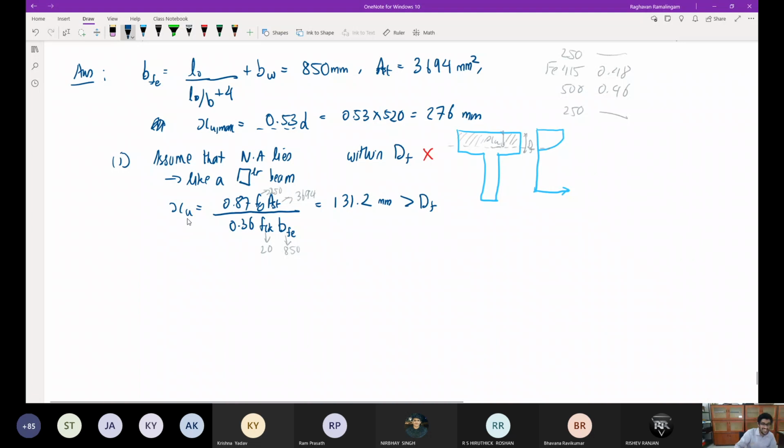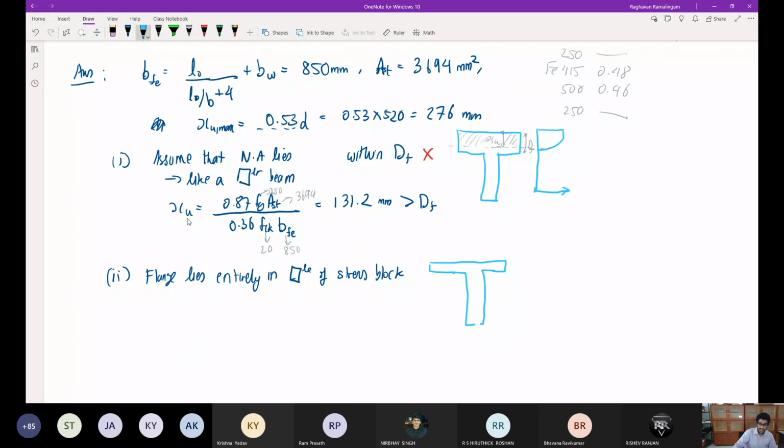Just like the previous problem, this time we assume that our flange lies entirely in the rectangle of the stress block. Every time I'm just drawing my flange differently so that I'm able to accommodate the assumption which I mean.